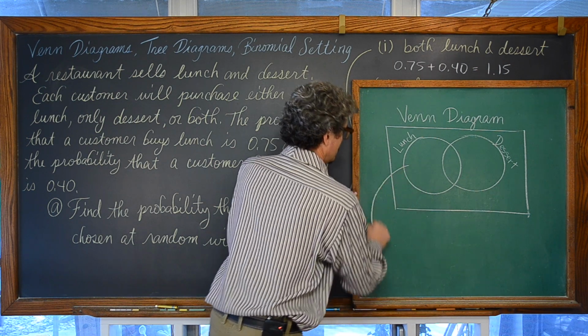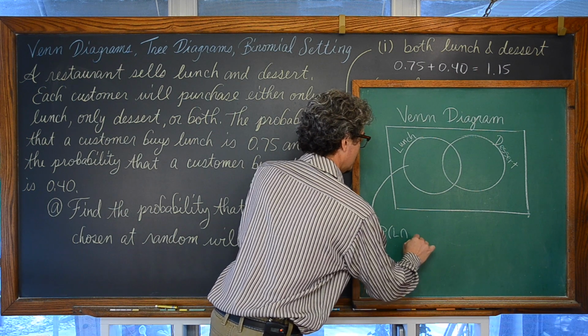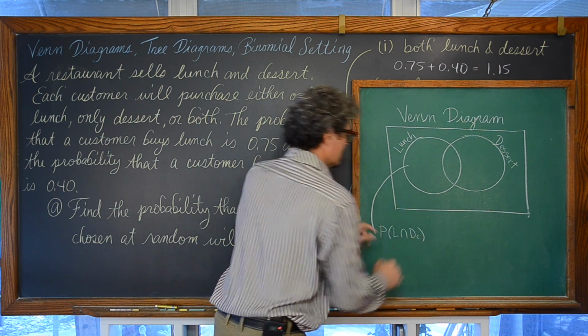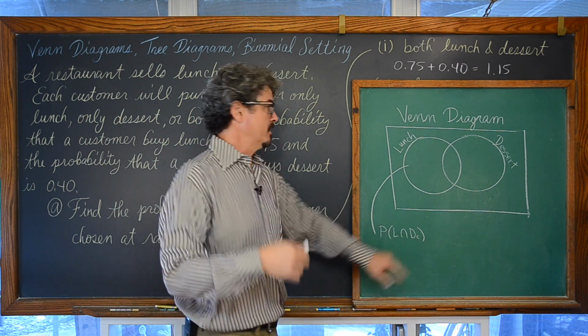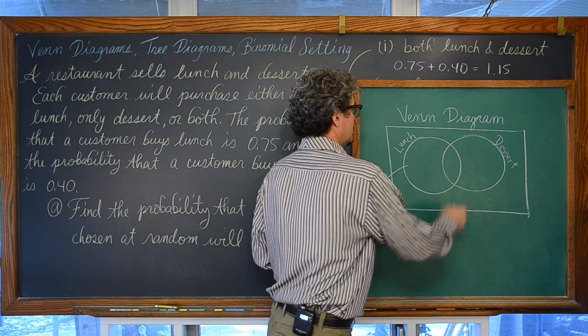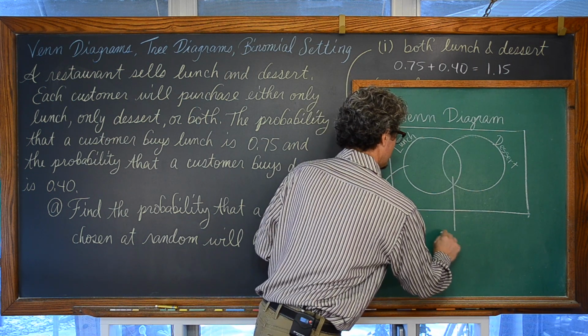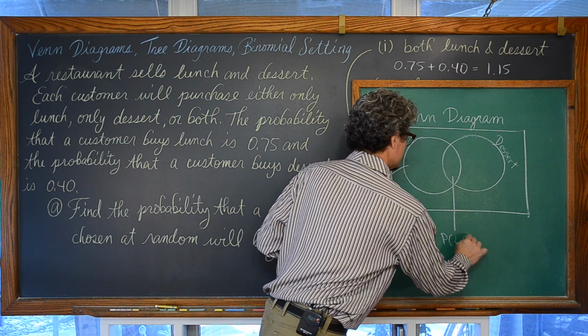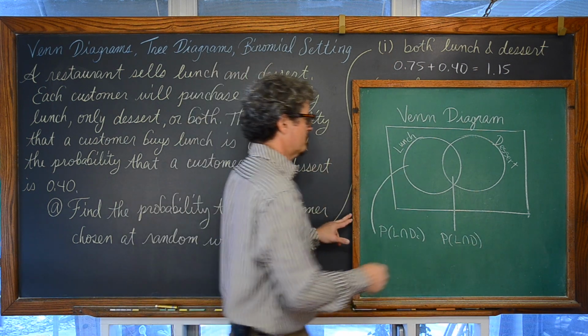There's this circle, which is the probability of lunch and not dessert, which I've seen multiple versions of, that complementary notation. There is this area, which is the probability of lunch and dessert, which is what part 1 is reviewing or asking. I'm just doing a big old review here.